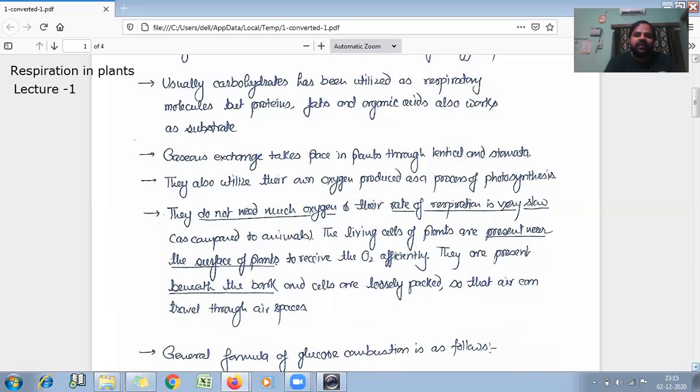And these cells are present beneath the bark so as to get the oxygen directly through lenticel or stomata from the environmental gases, and they are loosely packed. Means the living cells present in the plant are loosely packed. So the loosely packed cells will provide some air spaces. Through that space, the air or oxygen will move.